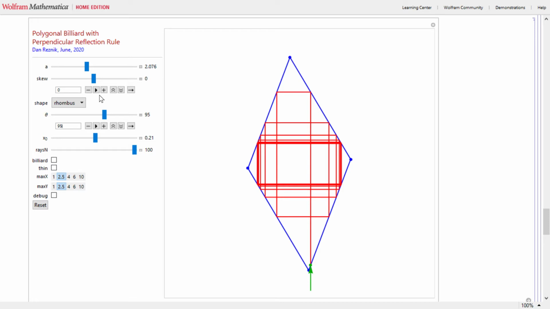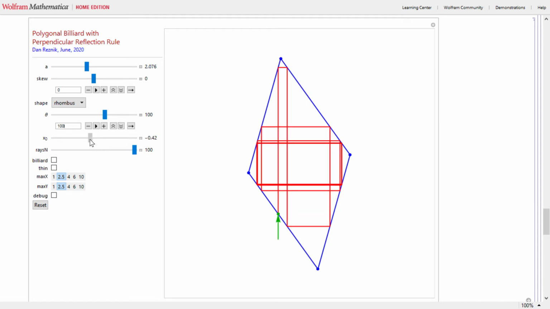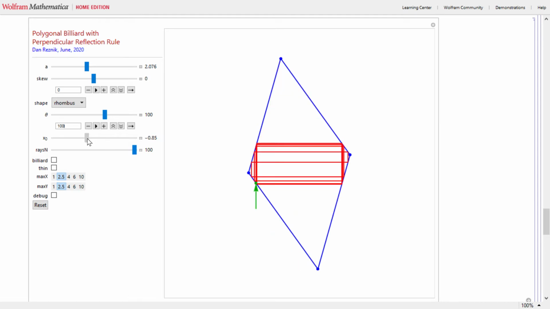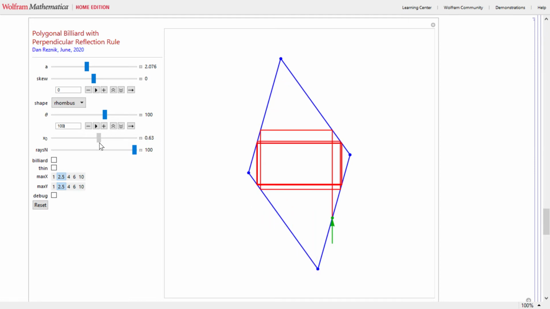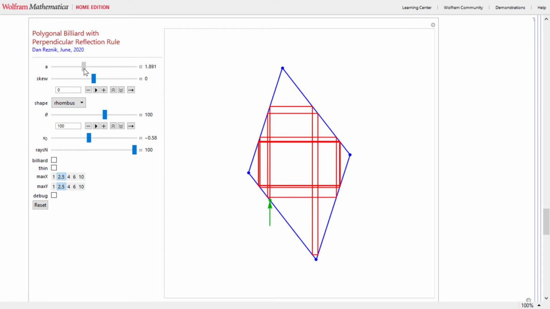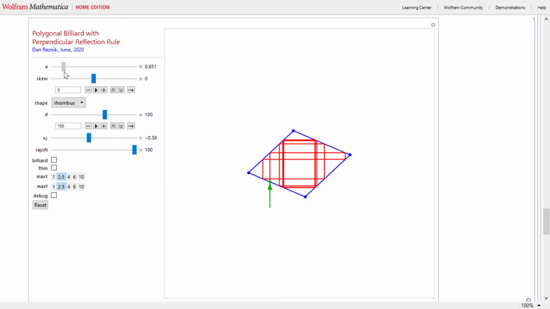I can perhaps change the angle to 100 to see if anything changes. Again, I have that limit cycle, not noticing any particular periodic behavior, so it doesn't look like we're going to get anything like this. If I change the aspect ratio of these shapes, let's see if there's anything here.